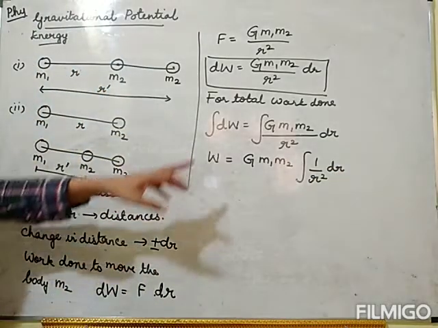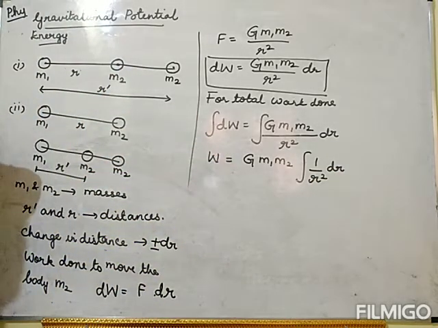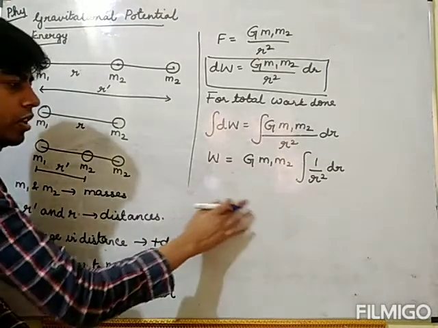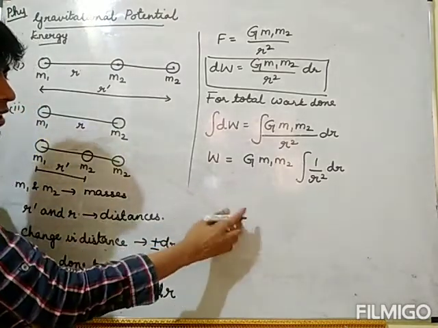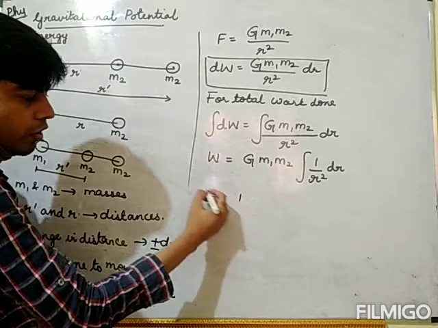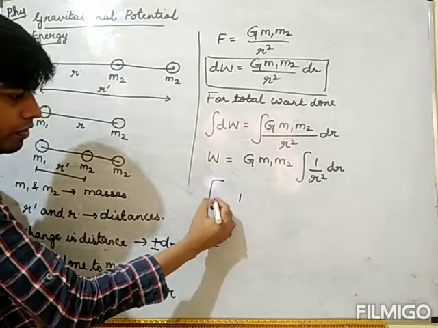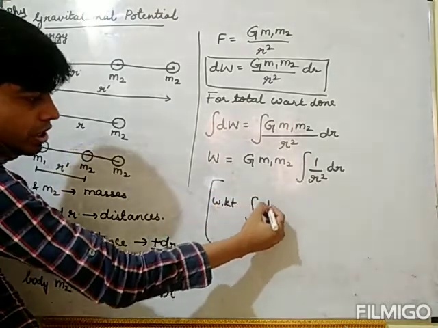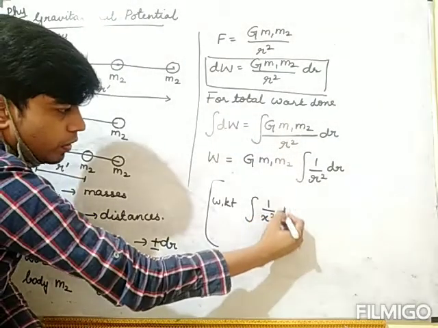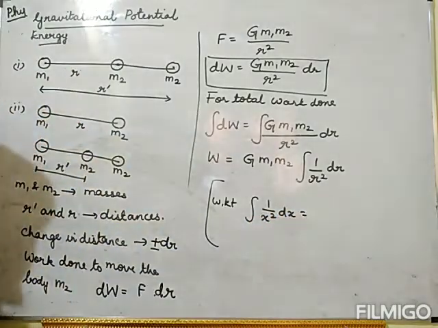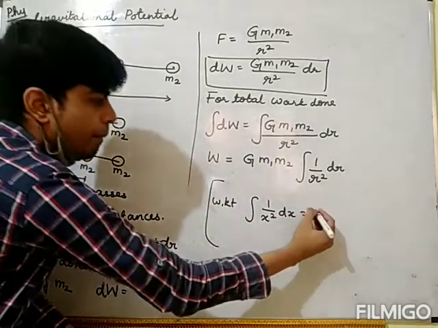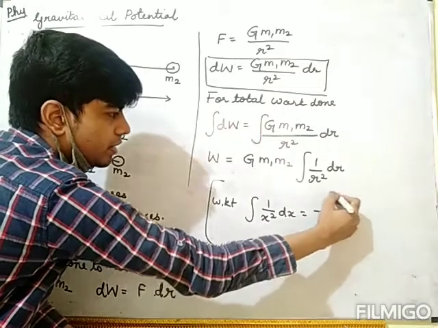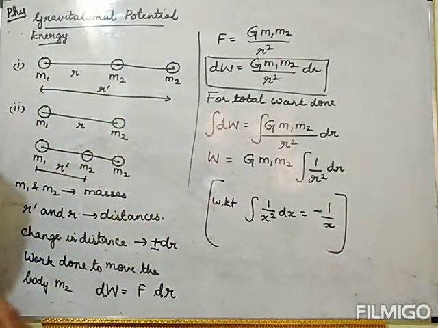What is integration of 1 by r square dr? Write down the formula: integration of 1 by x square dx is equal to minus 1 by x.